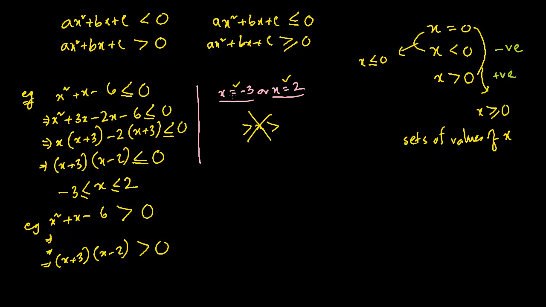The critical values are the same as for the equation: x equals minus 3 or x equals 2. Now if it is greater than 0, we write it a bit differently. We write it separately: x is less than the smaller value, minus 3, or x is greater than the larger value, which is 2.